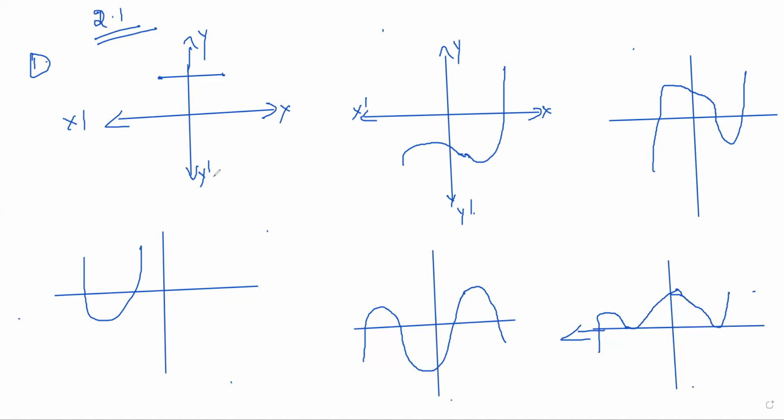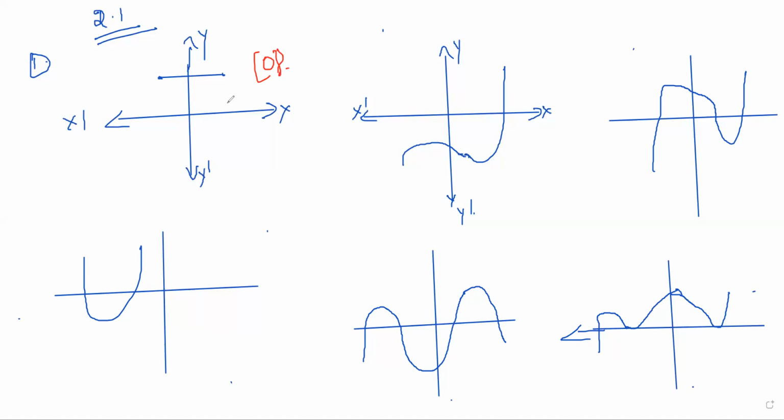Okay. So in the first figure, the line is here, a straight line, but it is touching the y-axis, not the x-axis, right? So in the given graph, the number of zeros of p of x is 0, because it is not touching the x-axis.